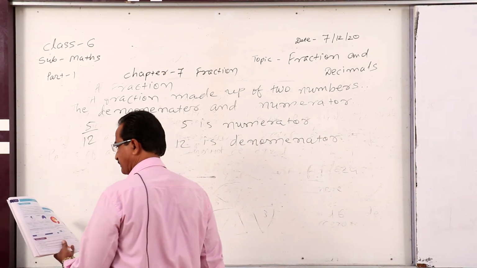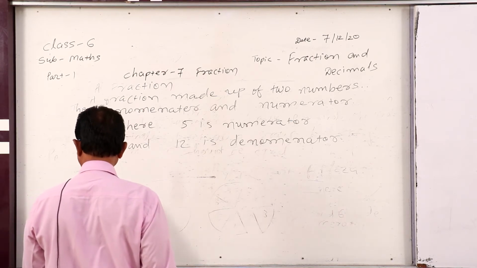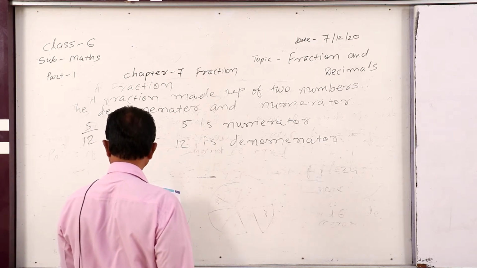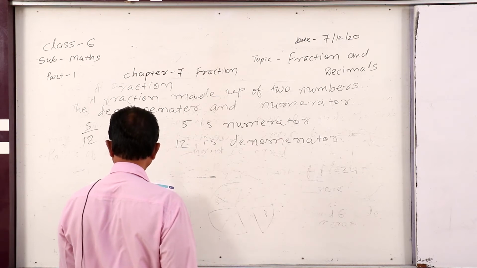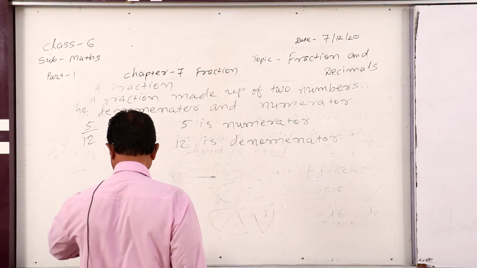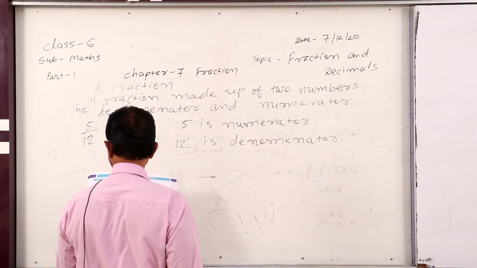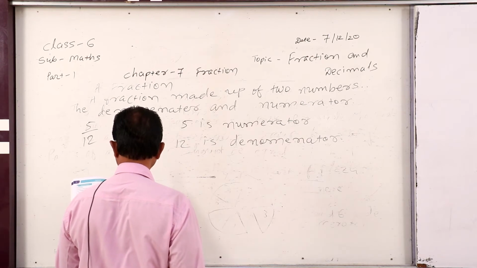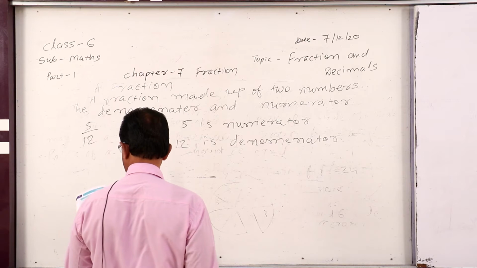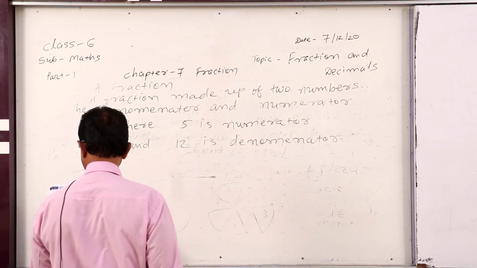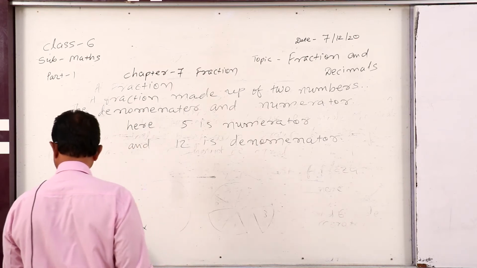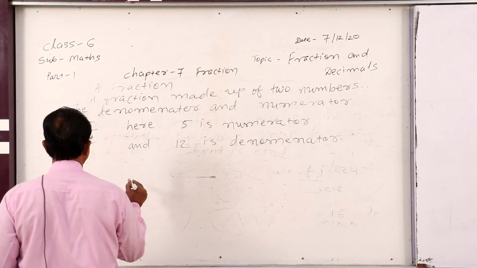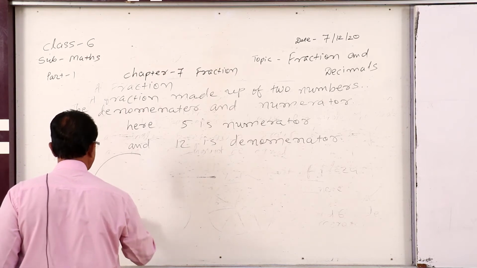To represent any situation involving equal parts of a whole or group, simply look at the total parts and the parts being considered to identify the denominator and numerator respectively. See here, this is the circle.